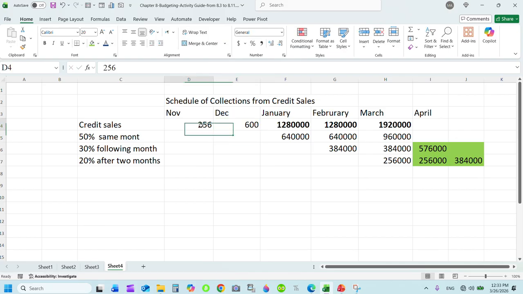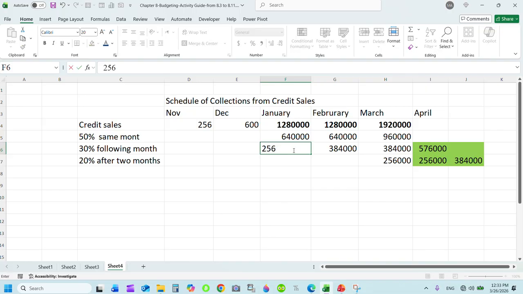This November sales amount of 256, after 2 months, will be fully collected. So we are in January, November sales will be fully collected. Here we can put 256.